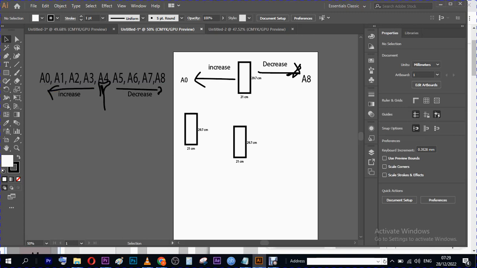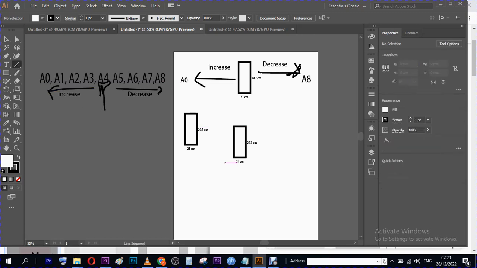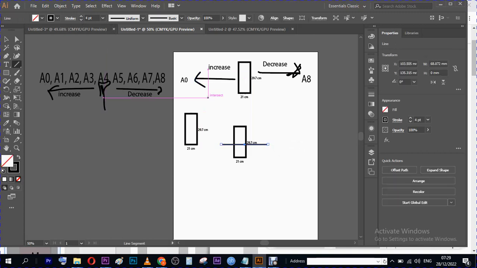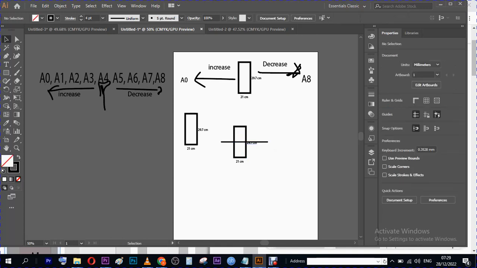So now what we are going to do, we are going to be dividing this. So if we happen to divide an A4 in the middle, we click Ctrl Z to undo, Ctrl Z again. So if this is our line and we place it there in the middle.